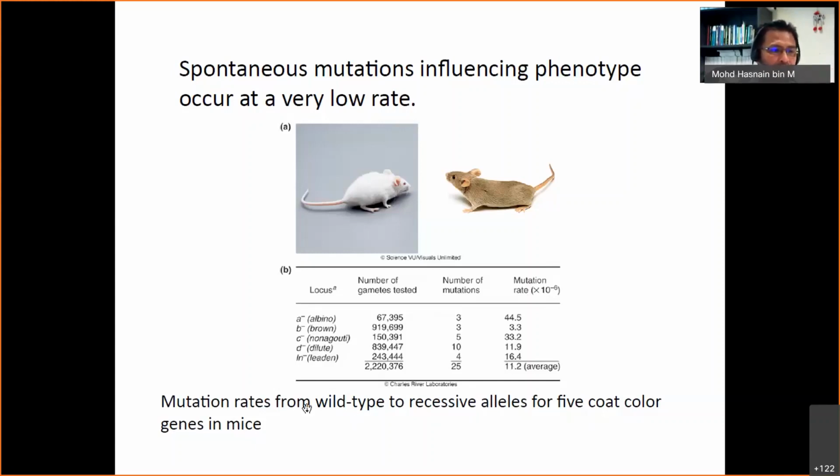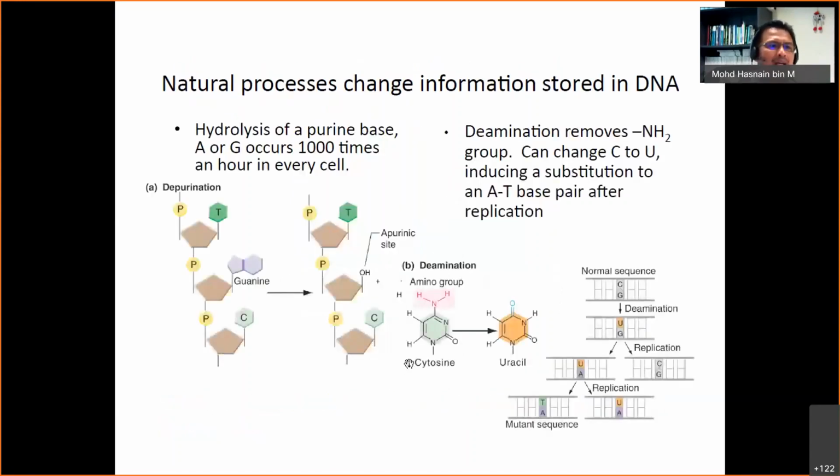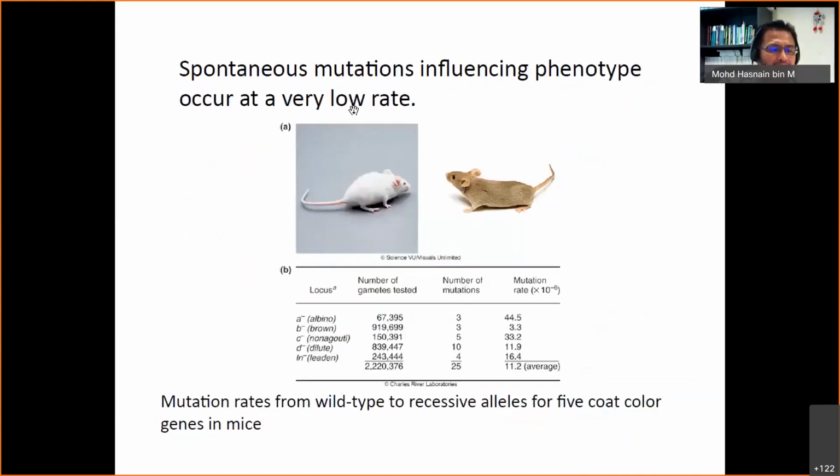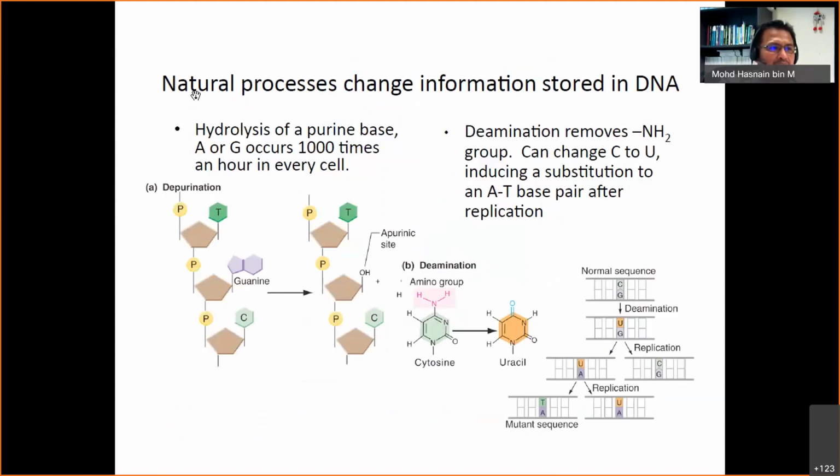So these are mutation rates from wild type to recessive alleles for five coat color genes in mice. This one is the coat color, this one is the number. On average it is a very low mutation rate, because it can be repaired. All right, the next slide.